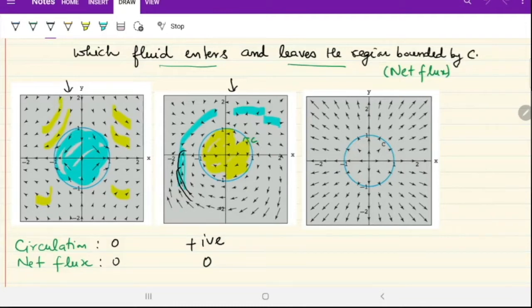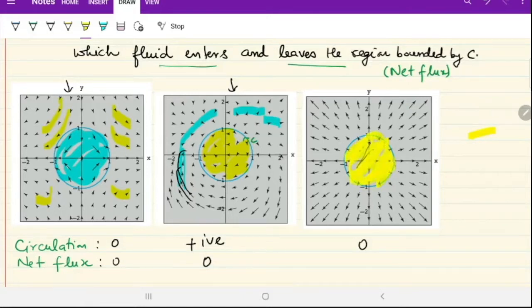For the third example, you see that our fluid is neither moving in clockwise direction nor moving in anti-clockwise direction. So circulation is 0. Similarly, you see the region which is bounded by our contour. So this is the region which is bounded by our contour.